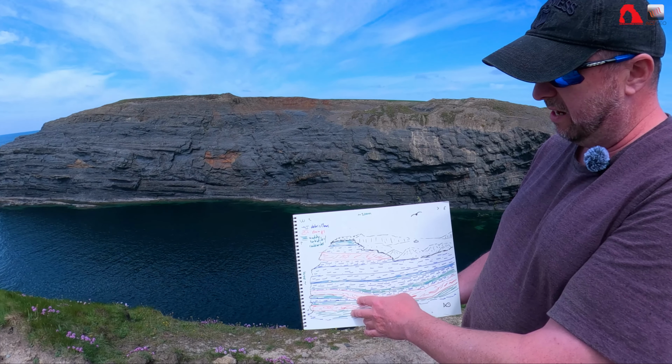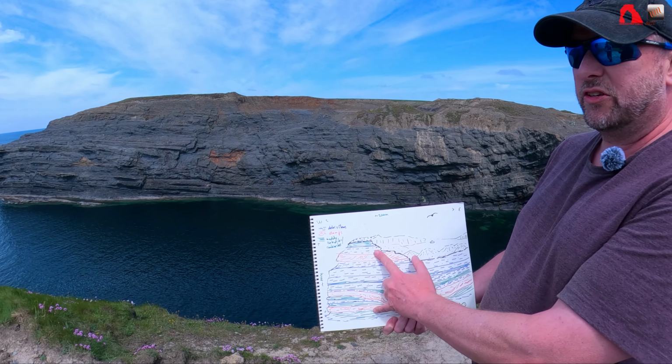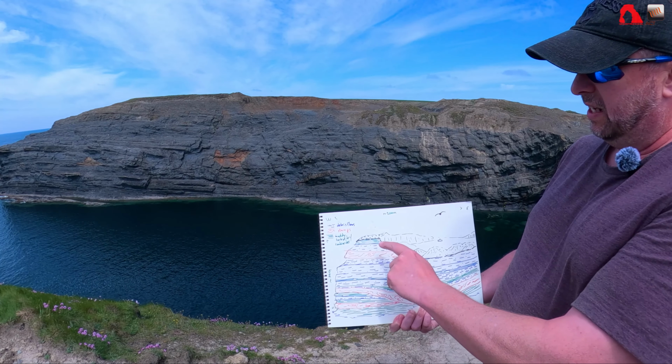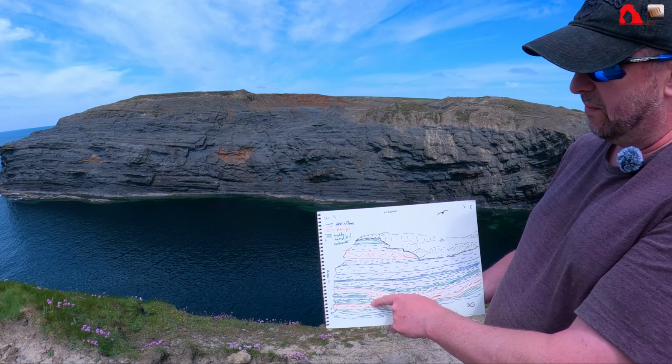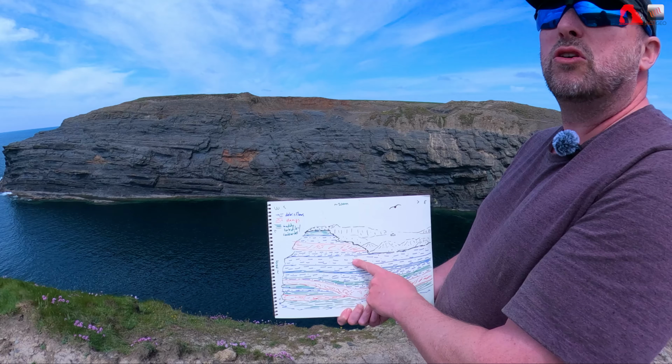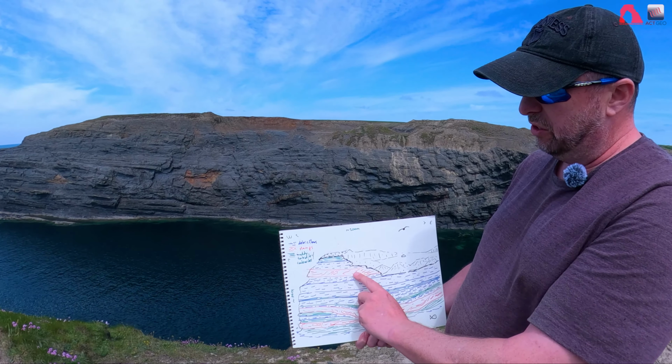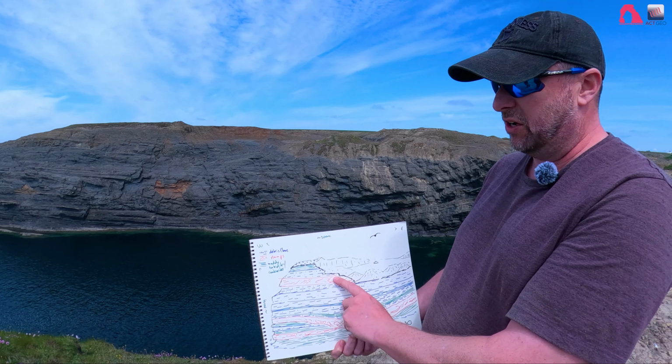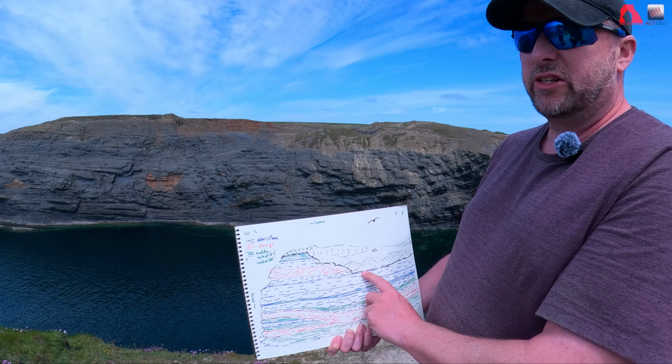So why do we care? When you see a package like that on seismic, you might just call it one thing, but you'll actually find that as you drill through it, even though it's all muddy, you get really big changes in acoustic impedance. Particularly the debris flows and the slumps are very hard, whereas some of the muddy debrites and contourites are very soft.